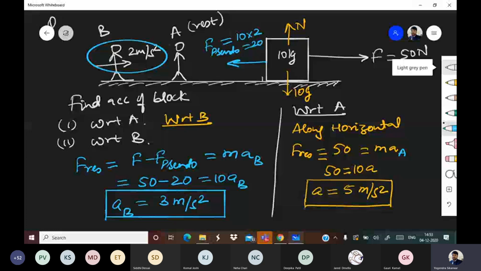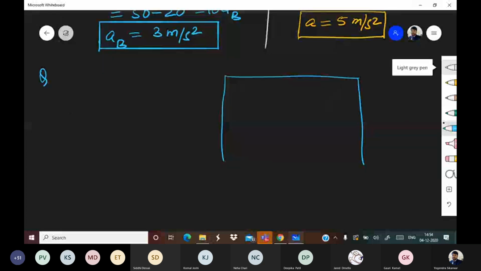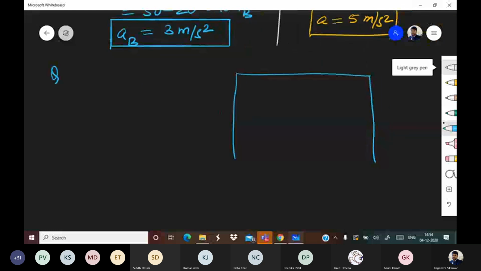So there is a cart, and it is accelerating with an acceleration A. Now there is an object of mass M tied to a string which was hanging.